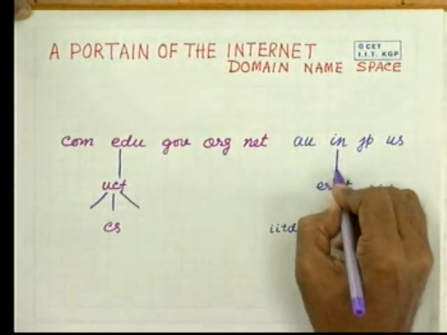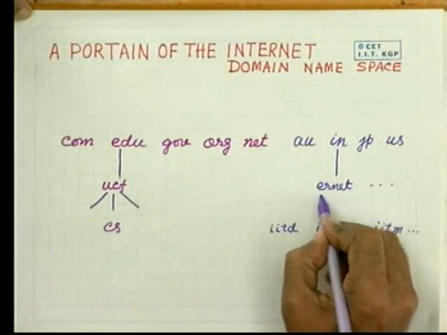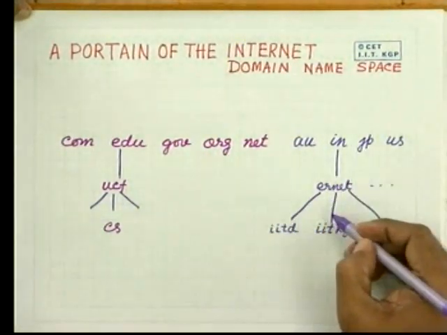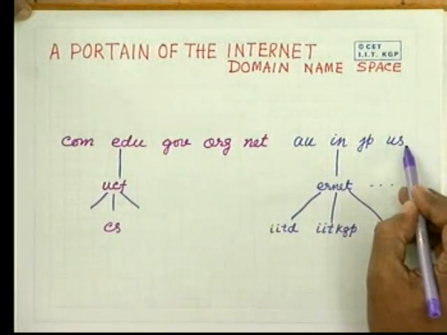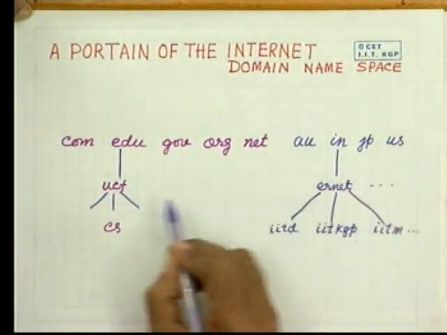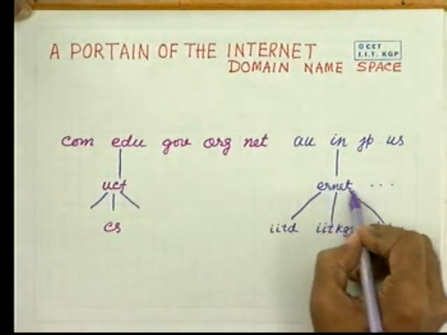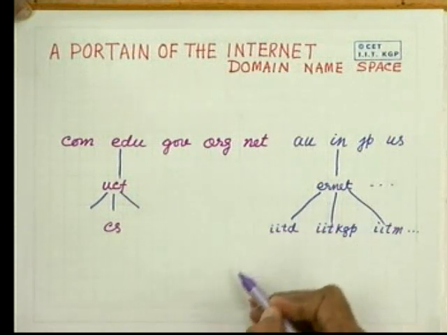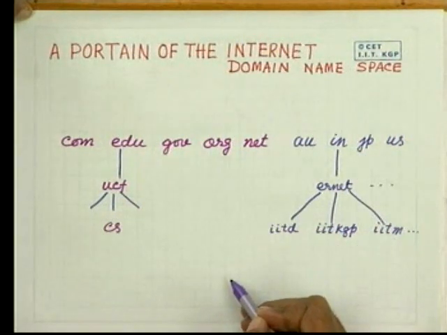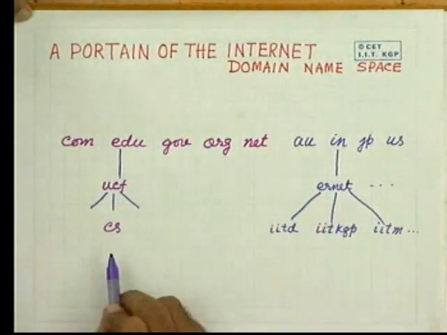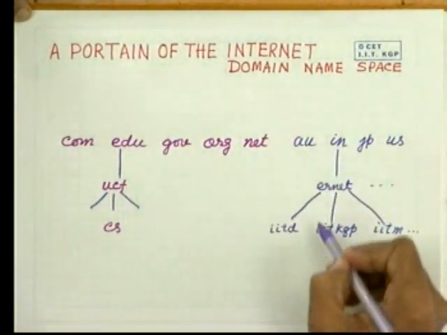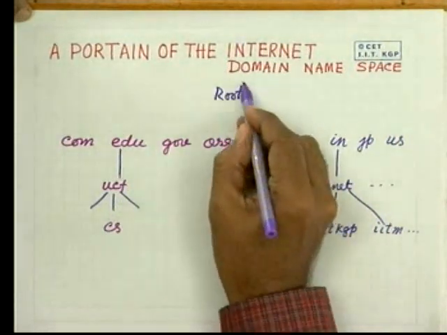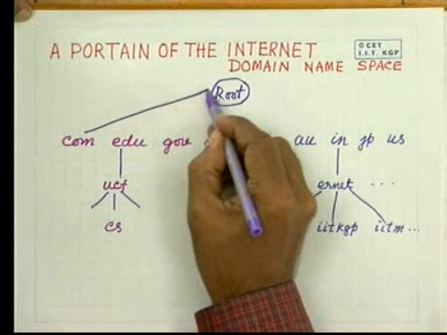For example, IN has a subdomain ERNet, and it has a number of subdomains under it. So under the main domains, you can have several subdomains. Each of them can have several subdomains, and each subdomain can have several sub-subdomains, and so on. It can continue in this manner. So we find that a hierarchical structure is being used. You can say this is your root domain, and under this root domain you have got these domains.